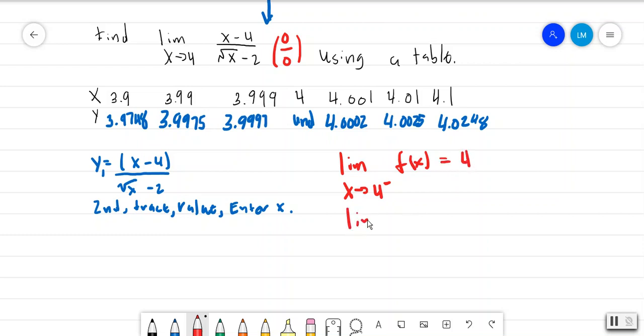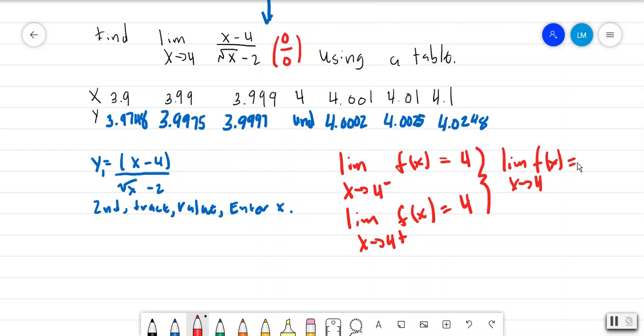But then we know that if we take the limit as x approaches 4 from the right side, that's going to also be equal to 4. Now, based on this information, because the left has to equal the right, the limit as x approaches 4 for f of x is equal to 4. So we have that the limit value is equal to 4.